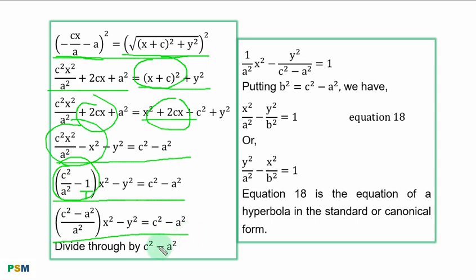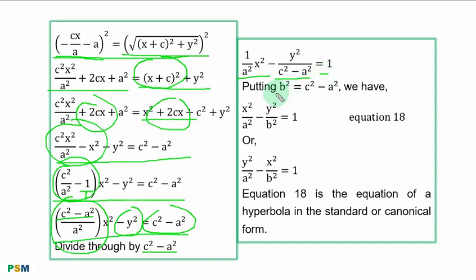Divide through by c square minus a square. If you divide this term by c square minus a square, here becomes 1. You have it in this form. Divide this term by c square minus a square. You have it in this form. You divide this term by itself, you have 1.